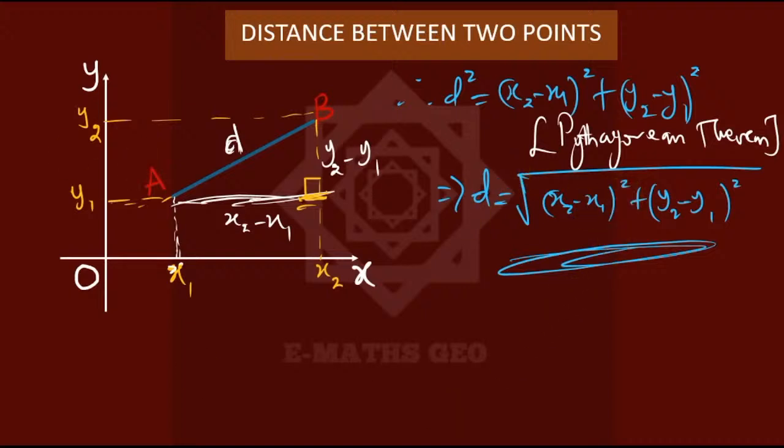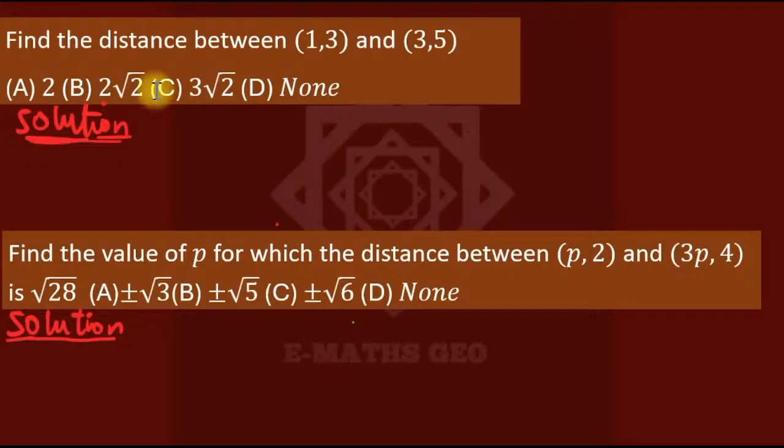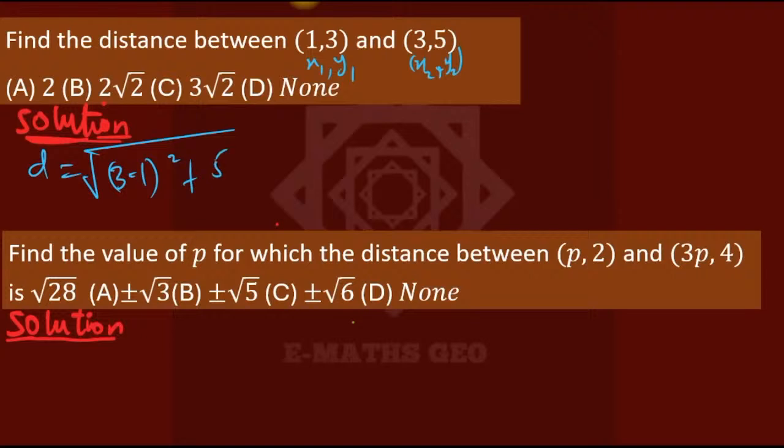So look at this question. Find the distance between these points. Just choose any point, call it x1, y1, and the other one x2, y2. Applying our distance formula, which is the square root of (x2 minus x1) squared, that is (3 minus 1) squared, plus (5 minus 3) squared.